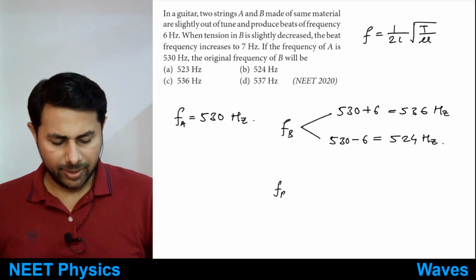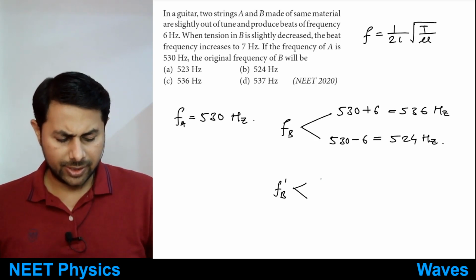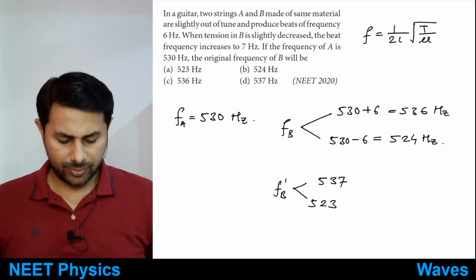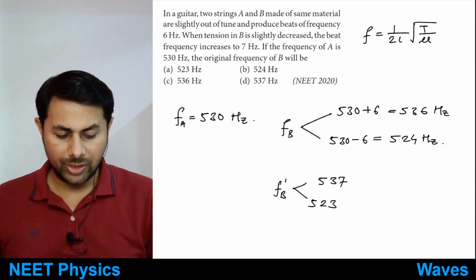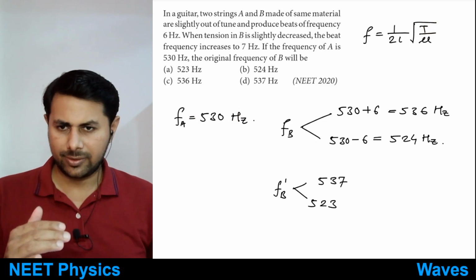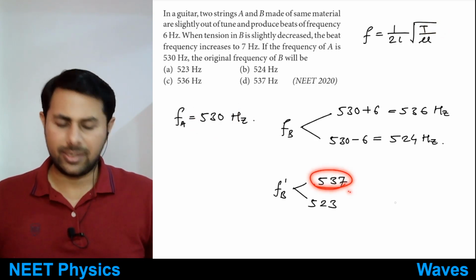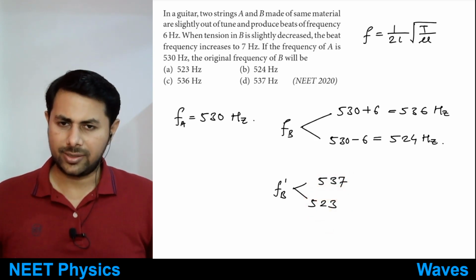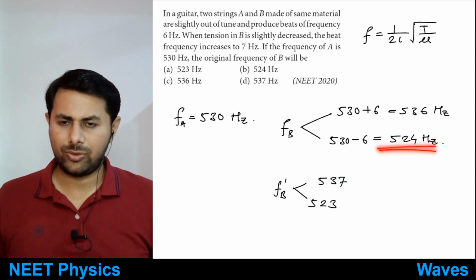So FB prime becomes, if it gives 7 beats, that means it should be either 537 or 523, because it is giving 7 beats with this one. But then we know if tension is decreased, frequency must decrease, right? And if it is 537, this is increasing. Okay, 523 is decreasing, right? So therefore what must be the original frequency? It should be 524.